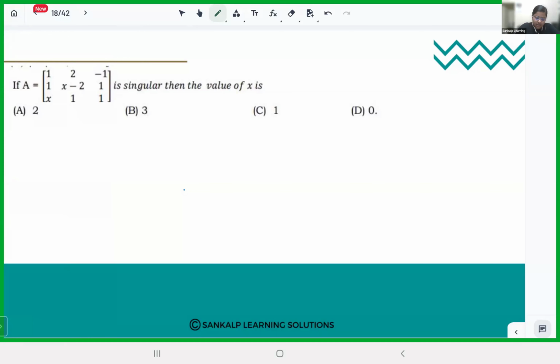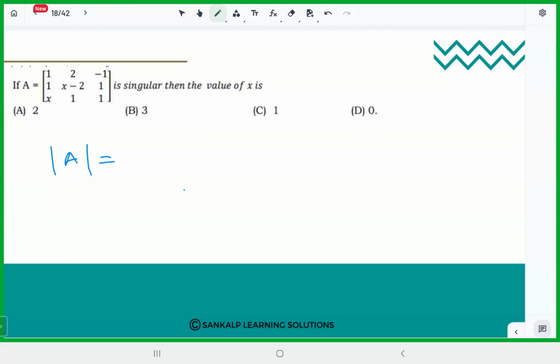All right. So here, how will you find out the determinant? It is a 3 by 3 matrix. You can choose any row or column and expand along that row or column. I'm choosing the first row. I'm going to expand along the first row.